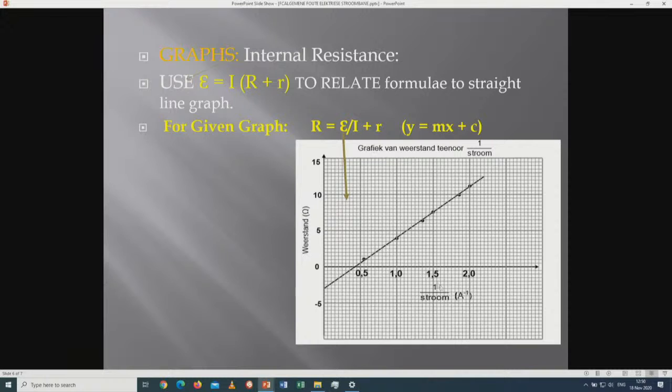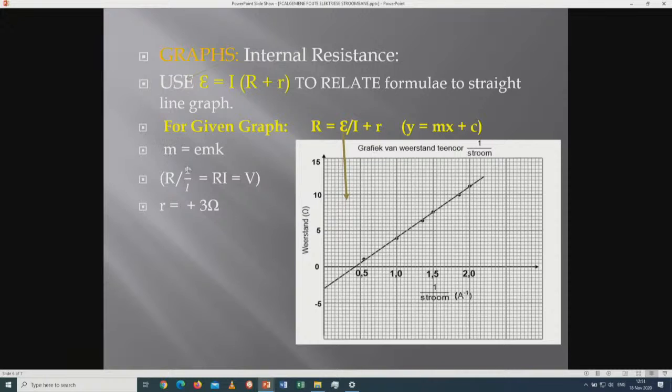Then looking at that rewritten formula, you can determine what value on the graph is your internal resistance, and what value is your EMF. So it is a more difficult, higher level of question, but maybe look at this type of graph relating to internal resistance.